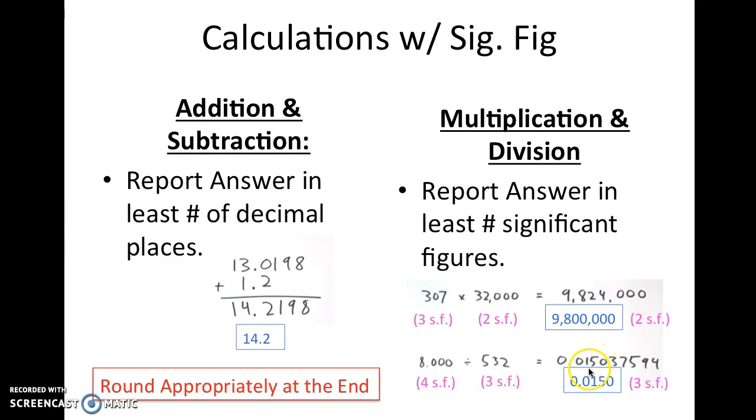So in this last example, we wanted to report it in three sig figs, and we wanted to cut it off at the 0. Let's say the number to the right of the 0 was an 8 instead of a 3. That means we would have to round this up to 0.151. So always make sure you consider that.